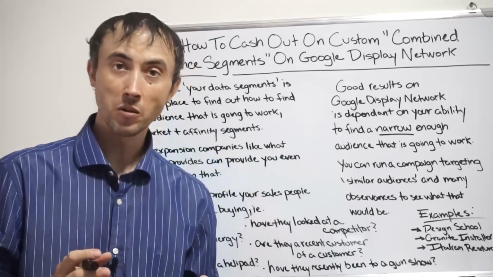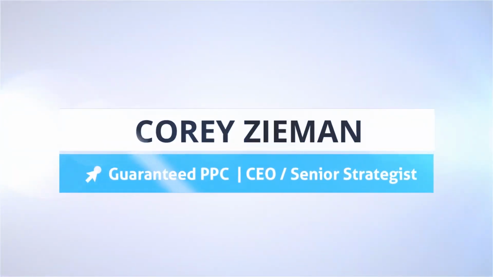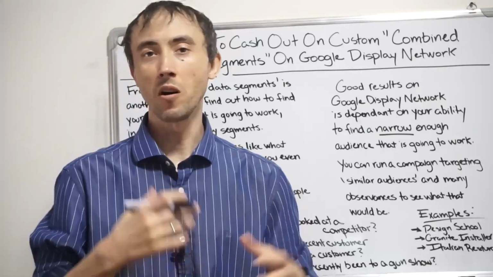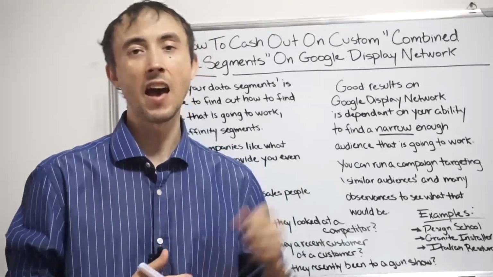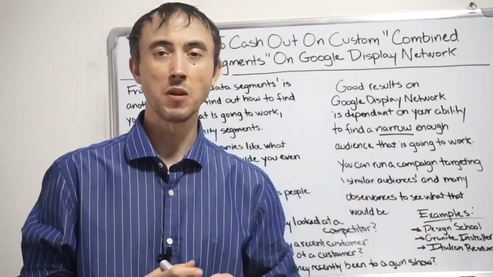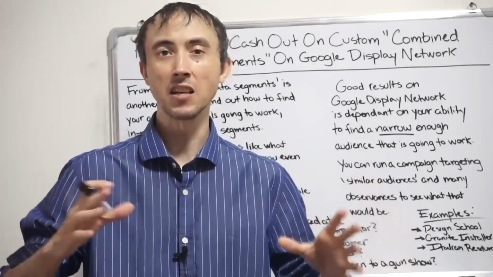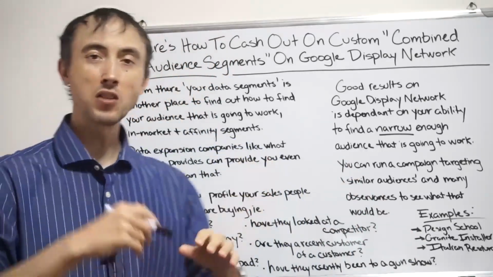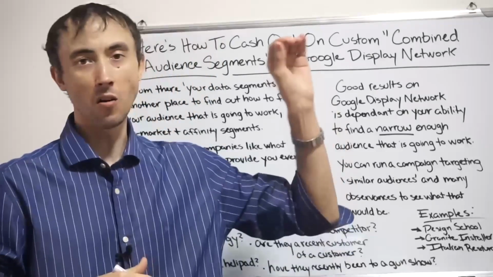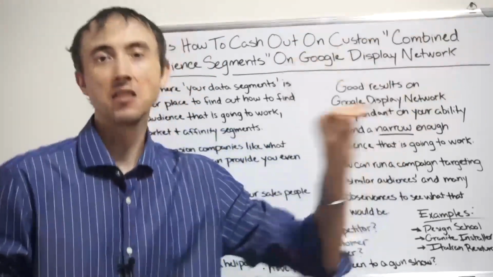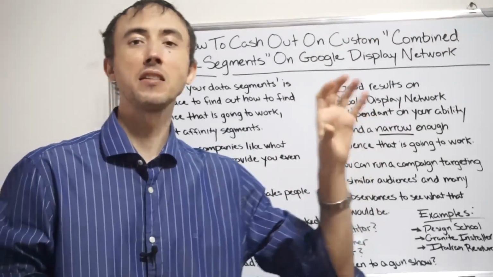In other words, an easier way of explaining that would be running banner advertisements or text advertisements on different websites to get customers for our business, using a specially crafted audience where we're basically targeting multiple ways. Customer must be this, this, and this, and this in order to see our ad.